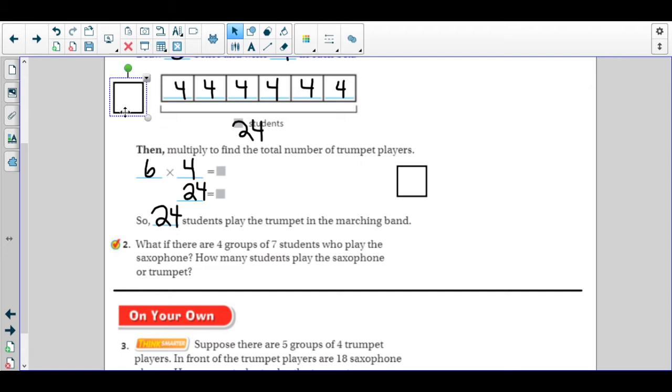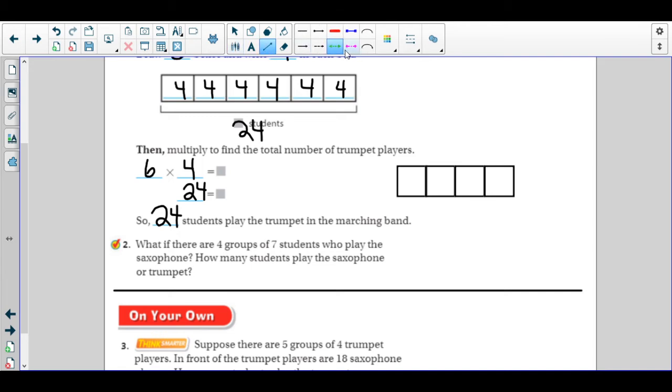And in each of the 4 groups, we are going to have 7. Not really sure how a marching band works. I'm going to assume that they need to have them in these groupings. So here we go. We have the 4 groups right here, and we're going to put 7 in each of those to get 28.